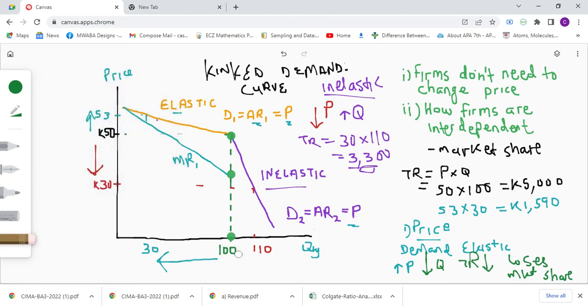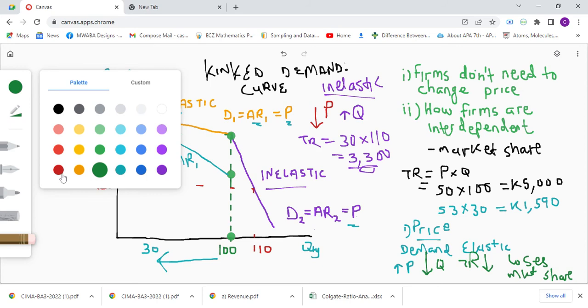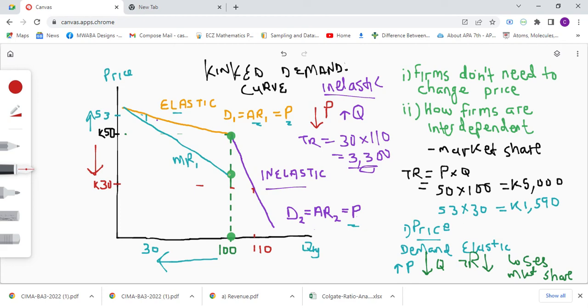So let me just make space here. Let me choose which color to use. All right, red. So our first marginal revenue curve will end here. This is where the switch happens from elastic to inelastic. So our second marginal revenue curve is going to slope twice as steep as this average revenue curve here. When it comes out here, it is going to slope twice as steep as this inelastic average revenue curve, or inelastic demand curve.